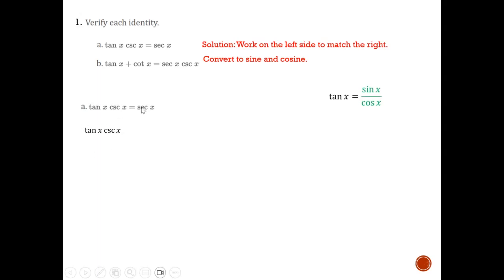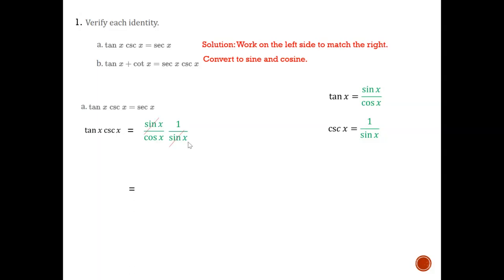So we know that tangent is equal to sine x over cosine x, so I'm going to replace tangent with sine x over cosine x. And cosecant is equal to 1 over sine x, so I'm going to replace cosecant with 1 over sine x. Now if you notice, the sine of x on the numerator and the sine of x in the denominator cancel and become 1.